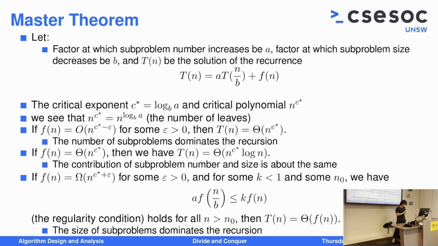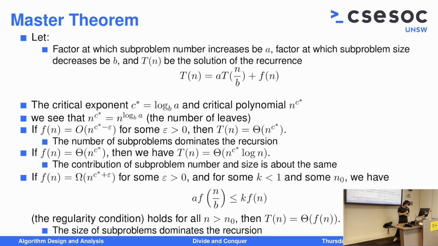If f(n) is equal to theta of n to the critical exponent, then T(n) is equal to n to the critical exponent times log n. Essentially, in the first case the number of subproblems dominates the recursion, and in the second case the number and size of subproblems have about the same contribution to the time complexity of my algorithm.